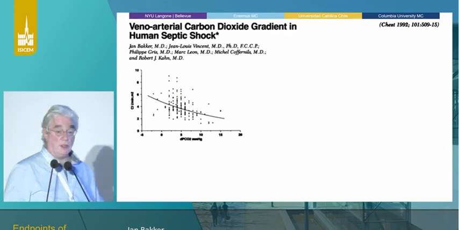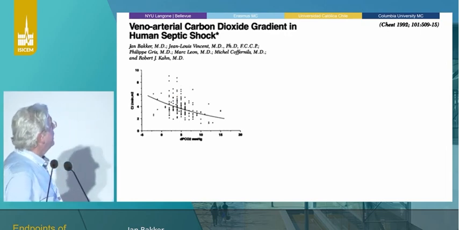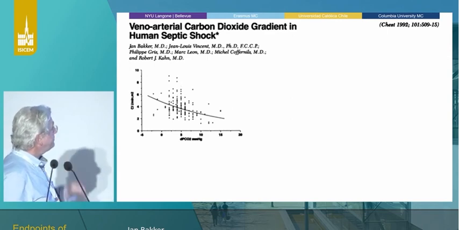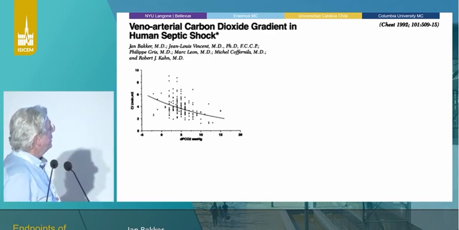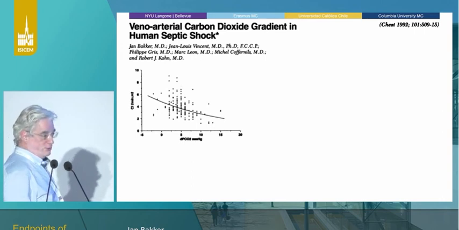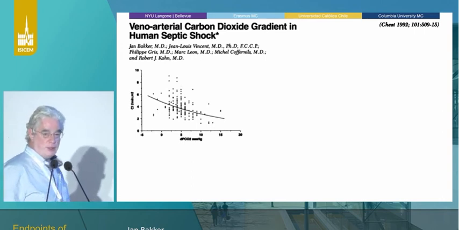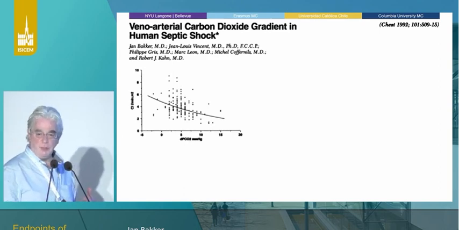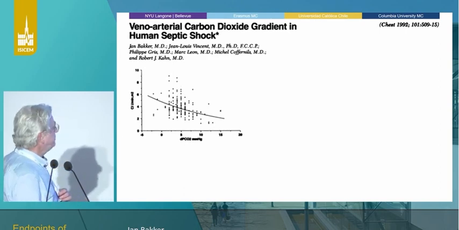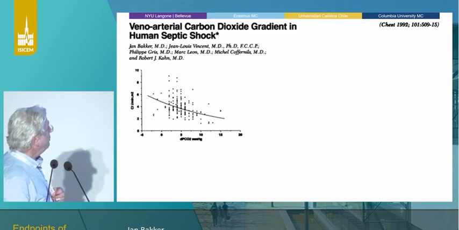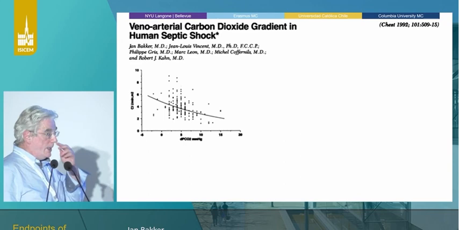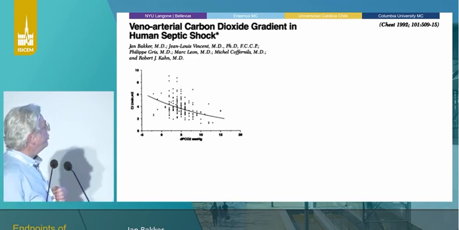Now, delta PCO2 is something that I did when I was in Brussels. And we studied, together with Mark Leon, so we have a long history together, the effect of delta PCO2 and cardiac output. And we plotted delta PCO2 and here cardiac index, and you see it's not a linear relationship, it's a curvilinear relationship.